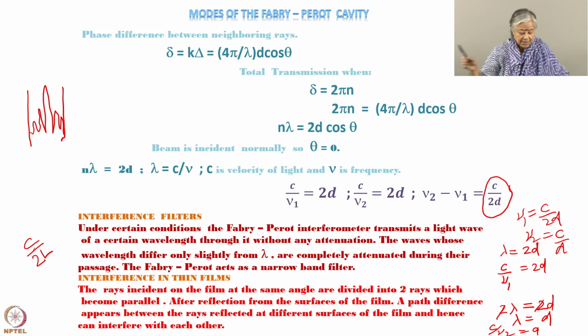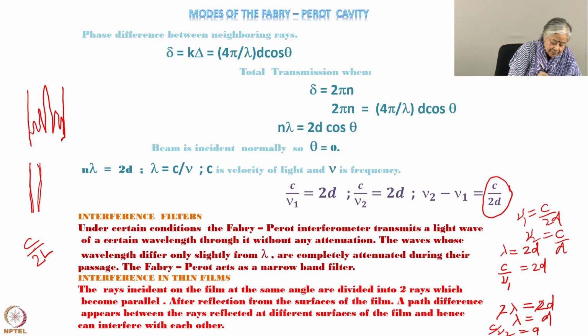So, in case of a Fabry-Perot, I am bringing these two mirrors closer and closer. As I bring them closer and closer, the mode separation becomes larger and larger. That means only one mode can be found in this.